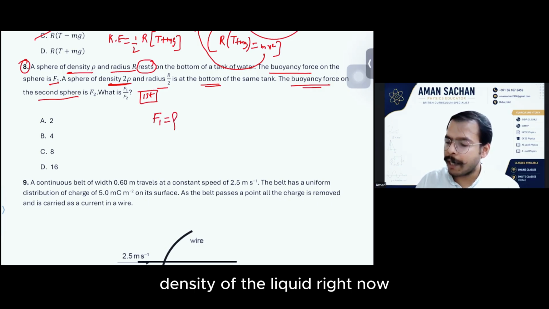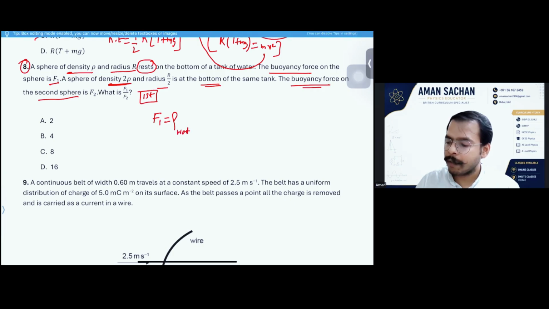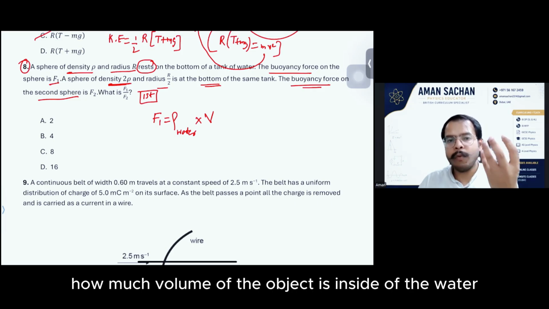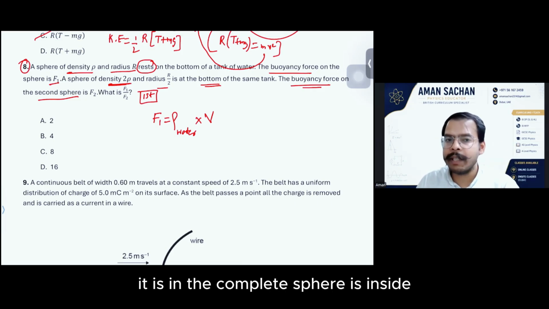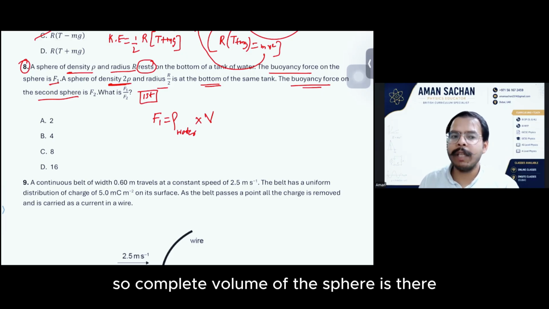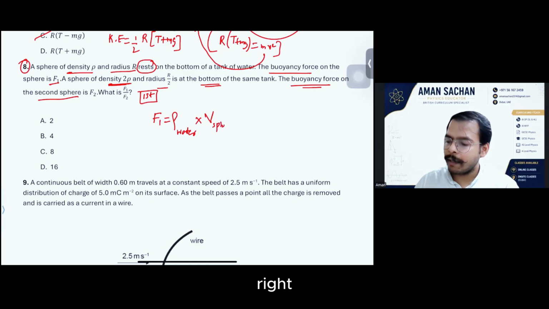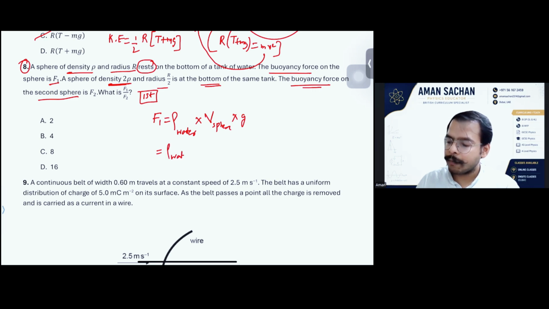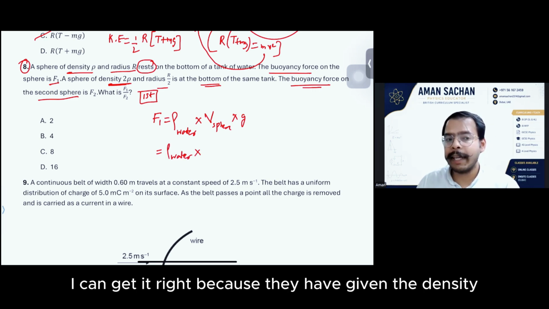It is the density of the liquid, right now water, times the volume of the immersed object, like how much volume of the object is inside the water. Here the complete sphere is inside, so the complete volume of the sphere is there, times g. Density of water I am not touching, but volume of the sphere I can get, right?